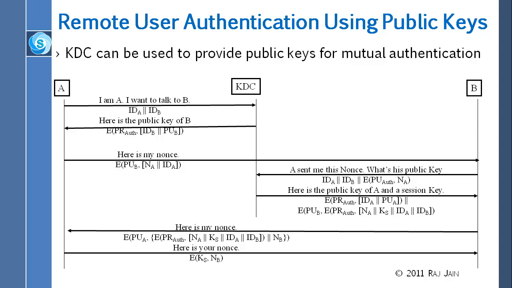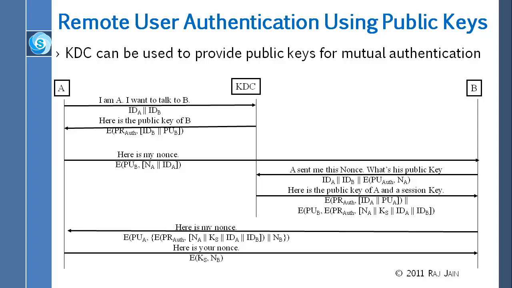All right, why are we using nonces? So that we can prove that the other side has the key. If the other side cannot tell us the nonce, it means they don't have the key. A sends a nonce to B, which is actually in the clear. No, it's not in the clear. It is actually encrypted, so that only somebody who has the private key of B will know NA.